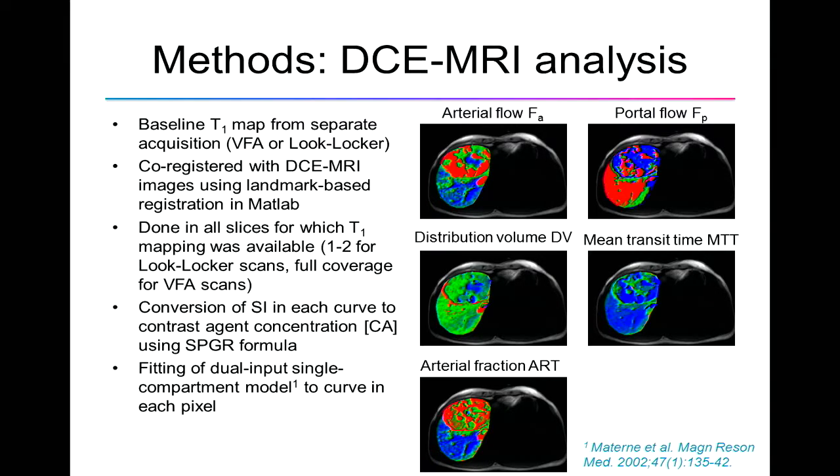Subsequently, we converted each dynamic signal intensity curve in each pixel to contrast agent concentration using the SPGR formula, and fitted these curves to a dual input single compartment model, which led to estimations of arterial flow, portal flow, the distribution volume, the mean transit time, and the arterial fraction. And here you see an example of these maps in the liver, in which the lesion appears as a region with high arterial flow.